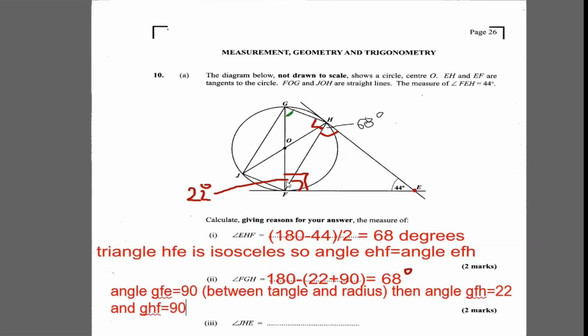Why is it 90? That's because angles in a semicircle. All right, and that's the reason.